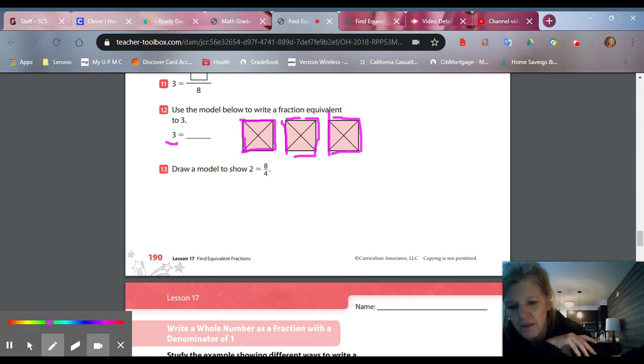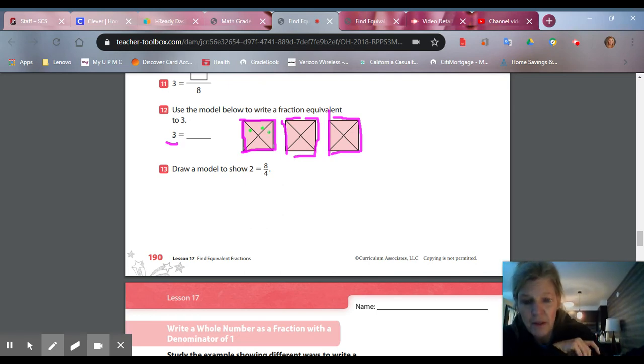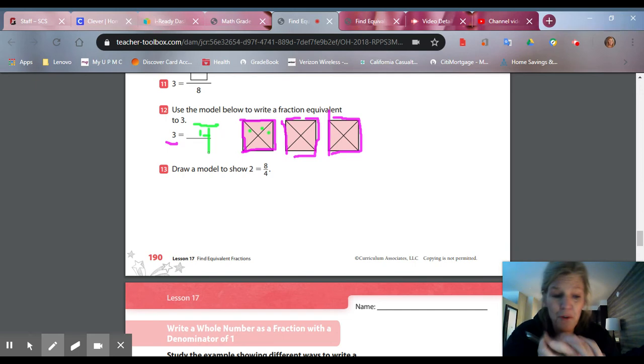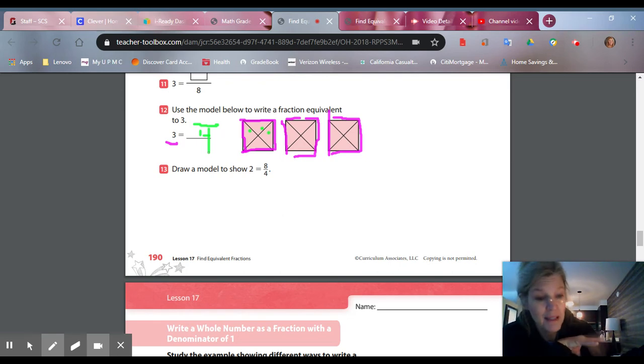Each box has 1, 2, 3, 4 equal parts. So each box is divided into fourths. How many fourths are there in those 3 whole boxes? You can count them up or skip count them. 1, 2, 3, 4, 5, 6, 7, 8, 4, 8, and 4 more is 12. So 3 equals 12 fourths.